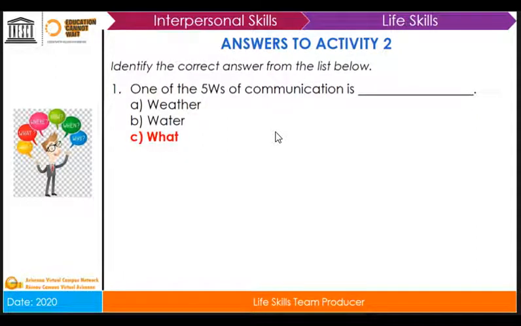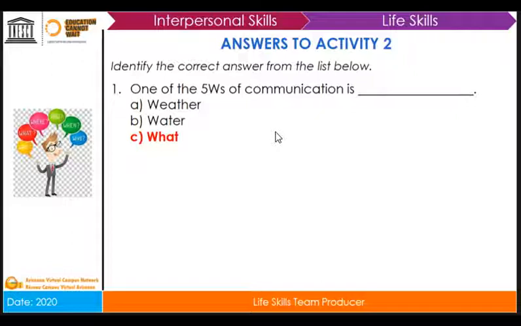Now, join me as we answer the questions. Remember, the instruction requires you to identify the correct answer from the list below.